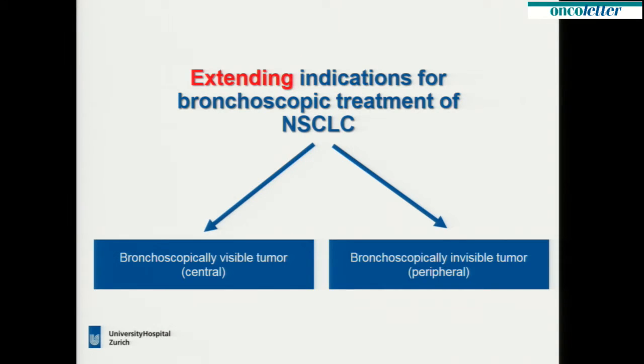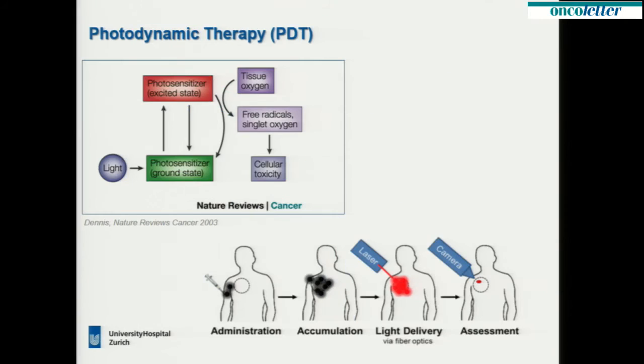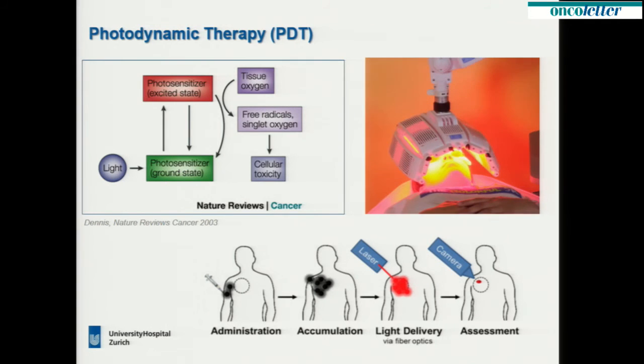So what are the extending indications for bronchoscopic treatment of lung cancer? First, there's photodynamic therapy, a very interesting treatment option. We know this from dermatology, from different skin cancers. You give the patient a photosensitizer.